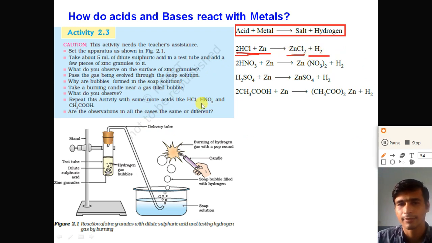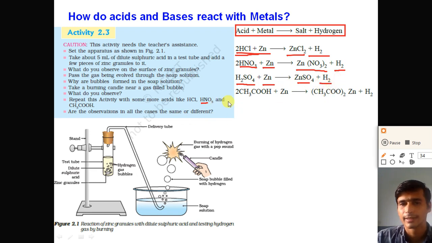Similarly, second, we take nitric acid, HNO3, and react it with Zn, producing zinc nitrate, Zn(NO3)2, and hydrogen gas. Similarly, in this activity we take sulfuric acid. What is the chemical formula of sulfuric acid? Yes, the chemical formula of sulfuric acid is H2SO4. It reacts with zinc and produces zinc sulfate, ZnSO4, and hydrogen gas.